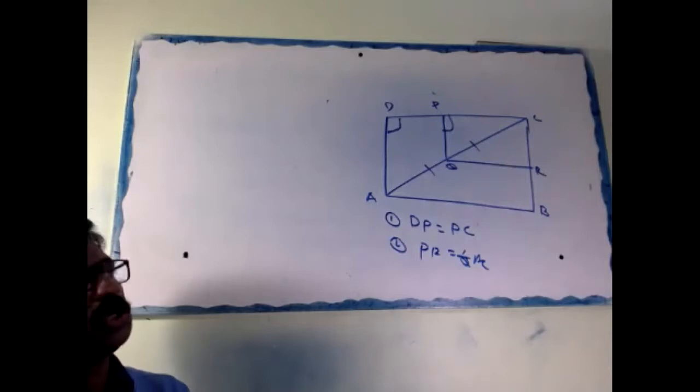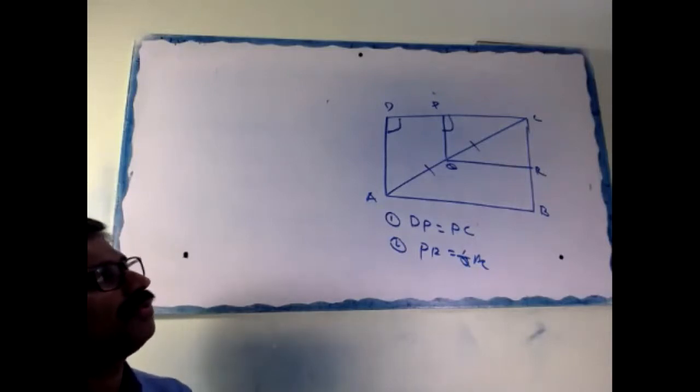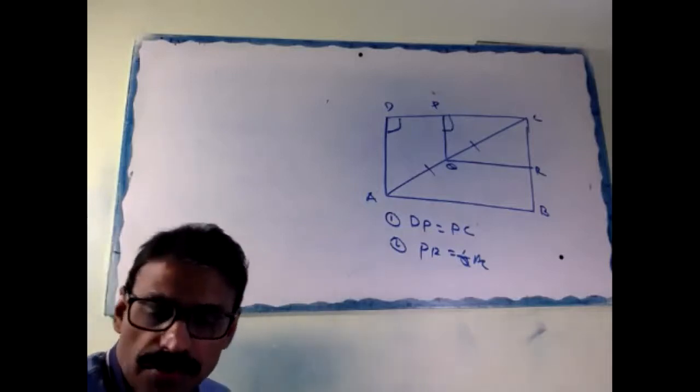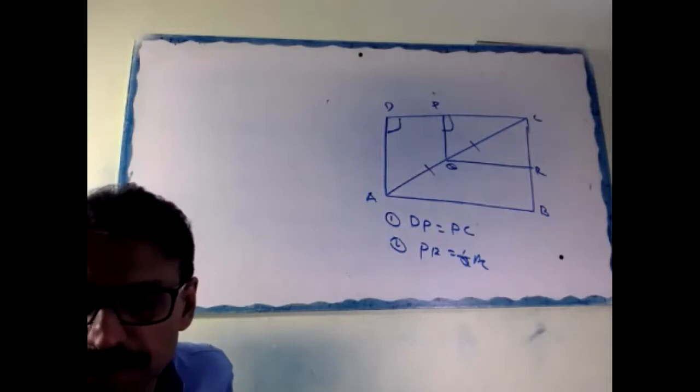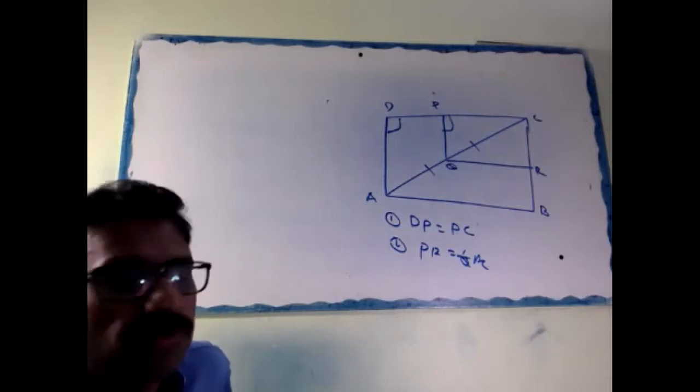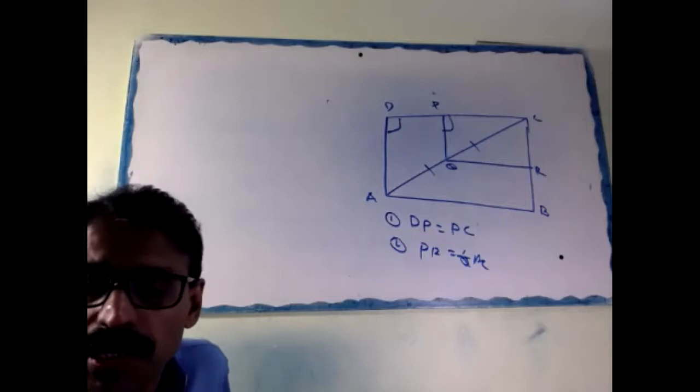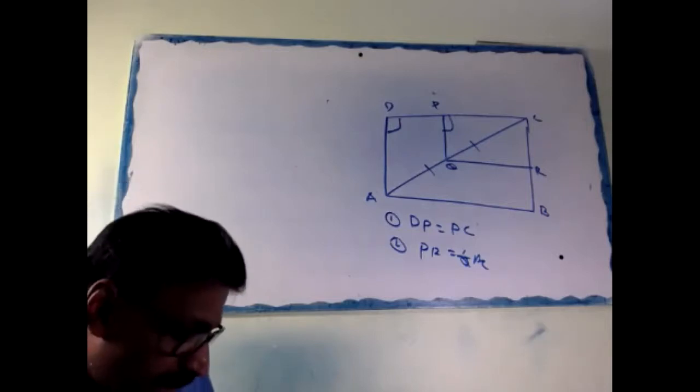But Q is the midpoint. Therefore, P is the midpoint of DC. Why? The converse of the midpoint theorem says: the line segment passing through the midpoint of one side of a triangle, parallel to the second side, will bisect the third side.